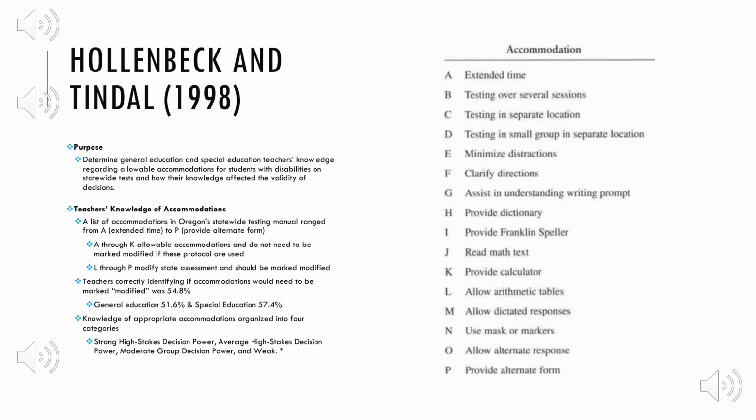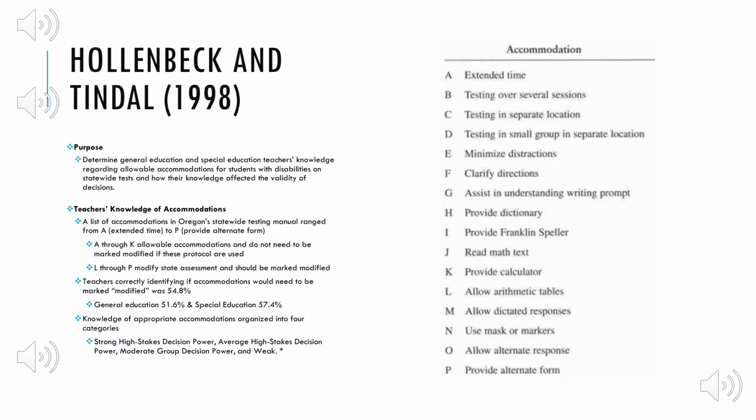When the researchers looked into the validity ratings of teachers' knowledge of appropriate accommodations, they were organized into 4 groups: strong, high decision power; average, high decision power; moderate group decision power; and weak, not to be used for decisions.